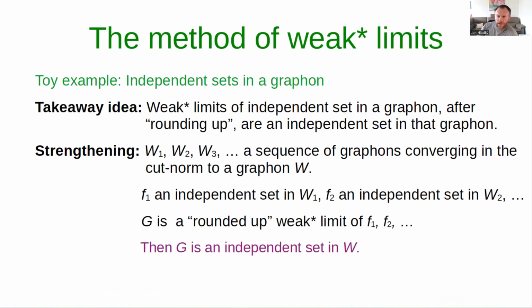Okay, so now let's look at the strengthening, which is on the slide. The strengthening states that if we have a sequence of independent sets, Fn for a graphon Wn, the rounded up weak star limits of these Fn's will be an independent set in the limit graphon W. Okay, so this limit graphon is in the sense of the cut norm topology.